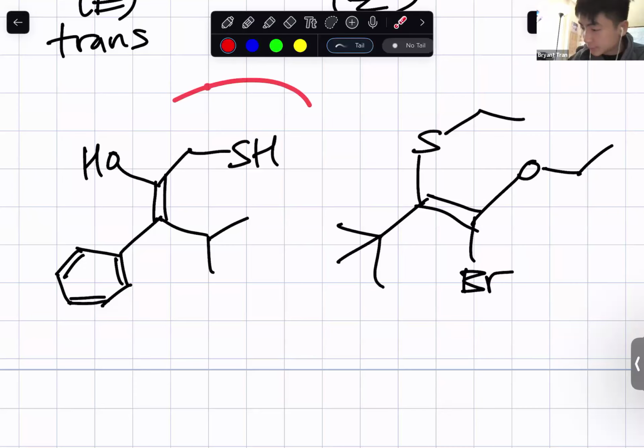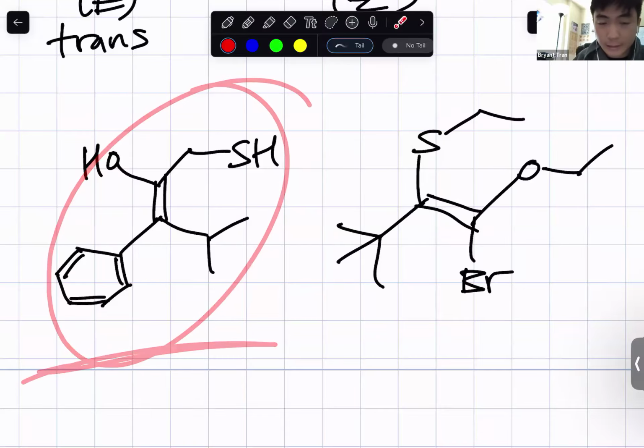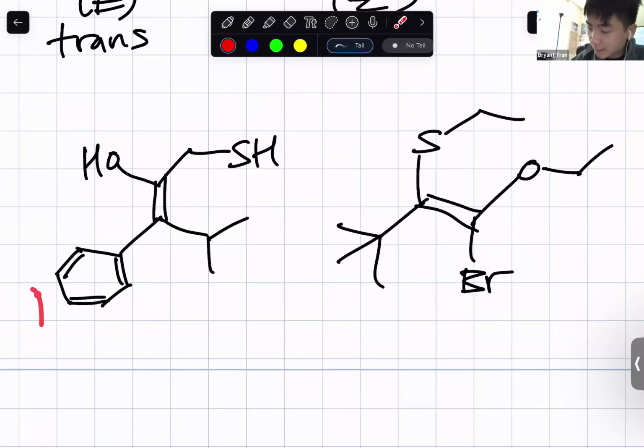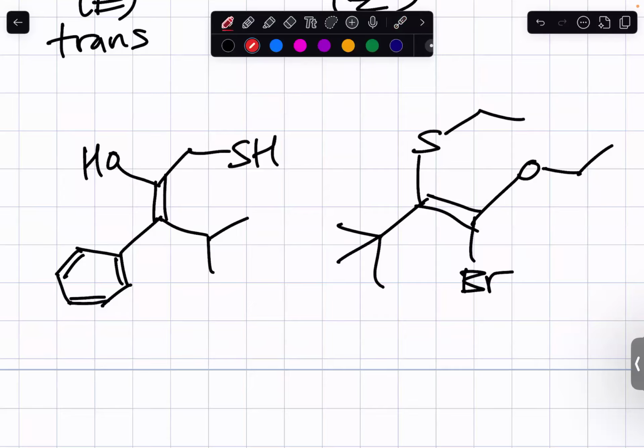Okay. Let's look at this first one here, Mohammed. What is your thought process on how you would solve this alkene? Would it be E or Z? I will compare both bottom ones. We found that the 135 cyclohexane is number one in priority.